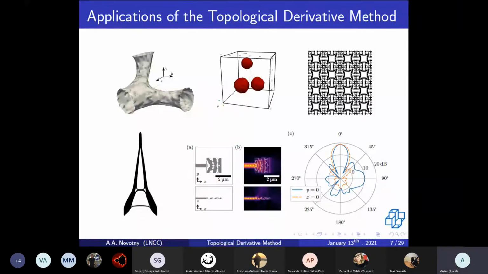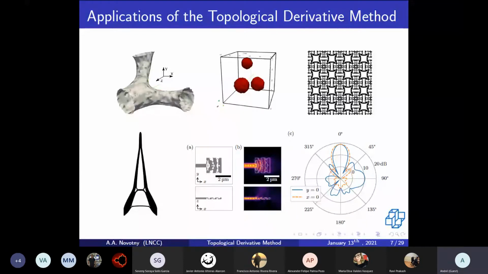Here, for example, is the optimal channel where we have an inlet flux here and two outlets here, and then this is, in principle, the best channel that divides the flux in this way.